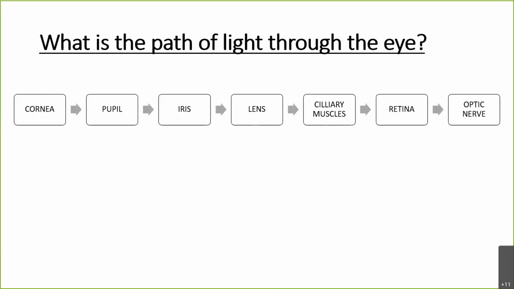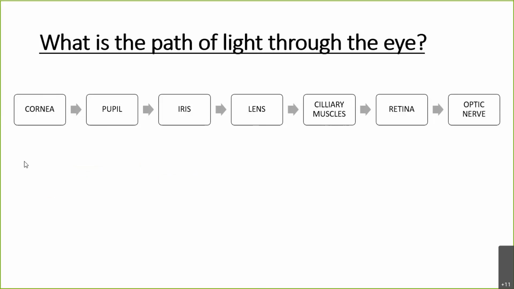I'm going to put a circle around those things that the light doesn't actually go through, because I want to be accurate.